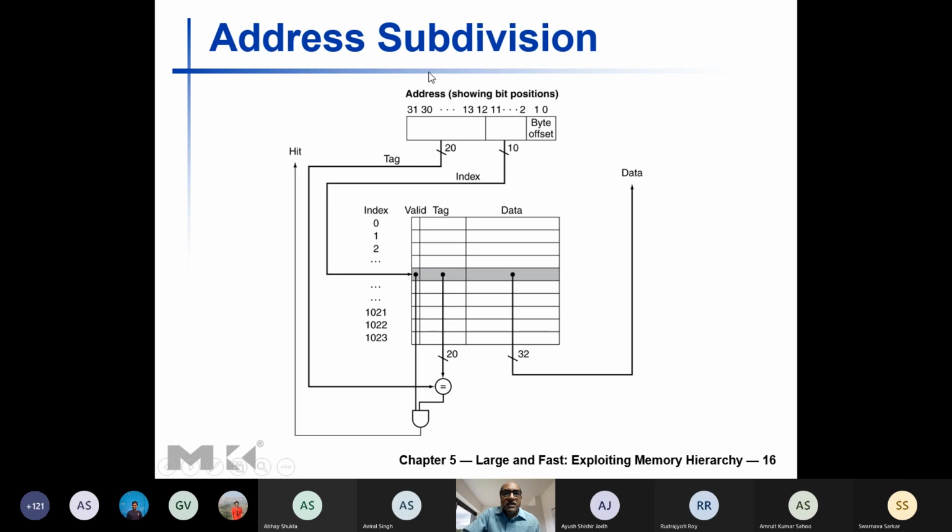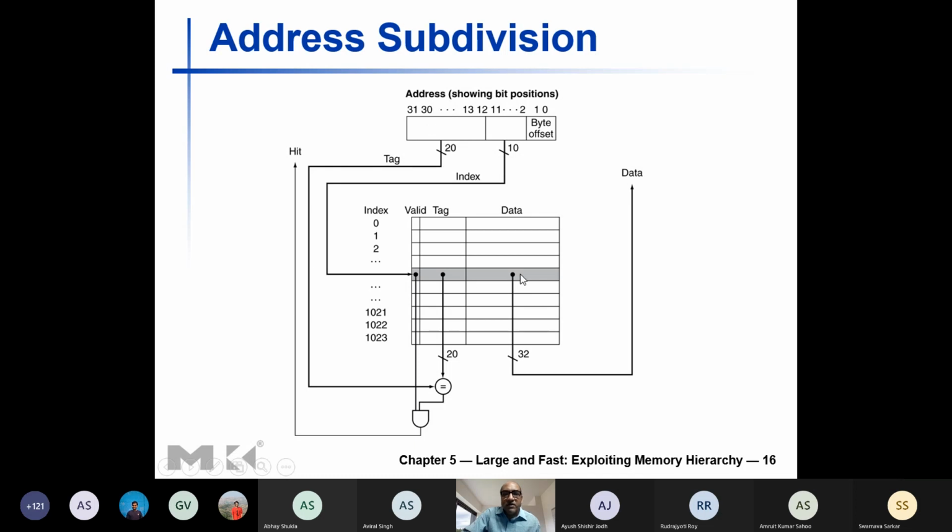The total address size equals 32 bits, but the cache can contain only 4 kilobytes. So the total address space is about 2 power 20 times the cache size. Out of these 2 power 20 words, we have to check whether the desired word is present here or not.